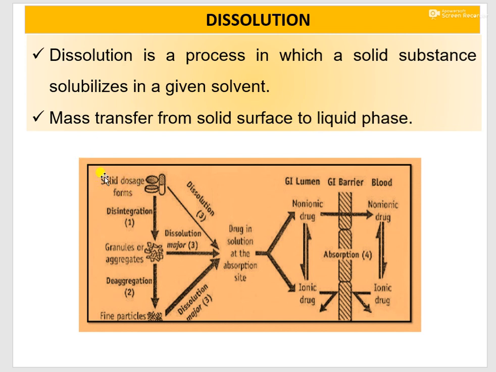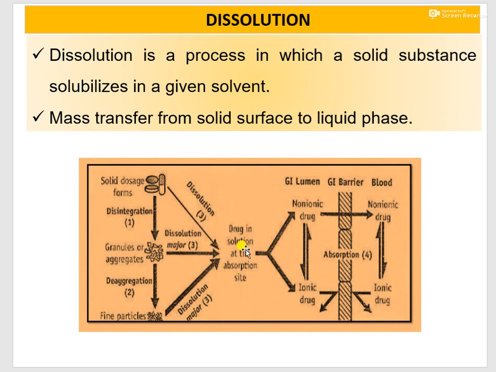Now when a solid dosage form is taken orally, what happens? It undergoes disintegration. I am talking with respect to tablet. It undergoes disintegration and it will form granules or aggregates. These granules or aggregates undergo deaggregation to form fine particles, and there will be a release of drug, and the drug will be in the solution which is available at the absorption site.